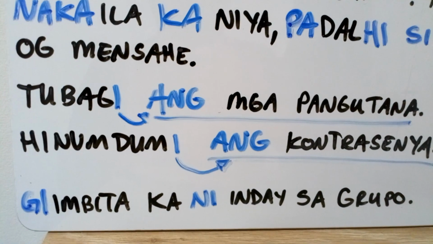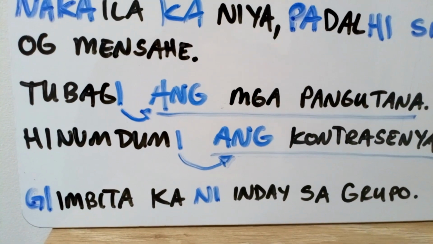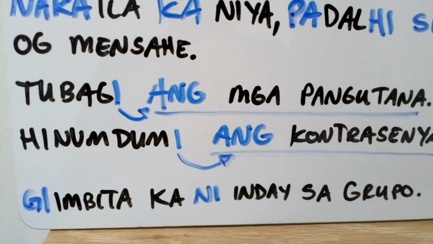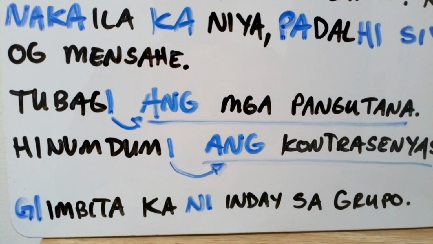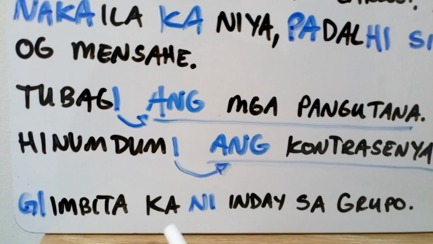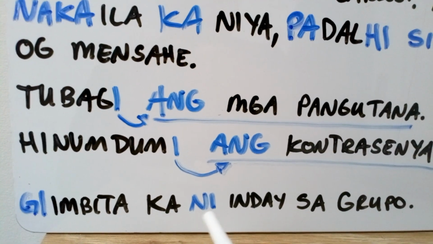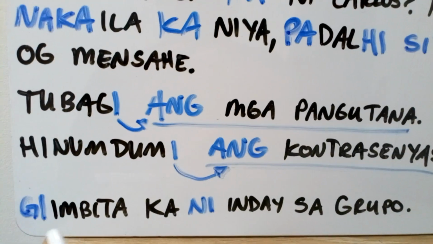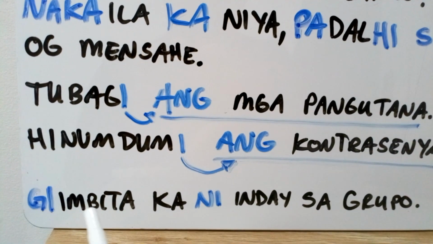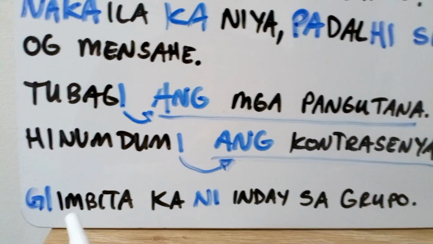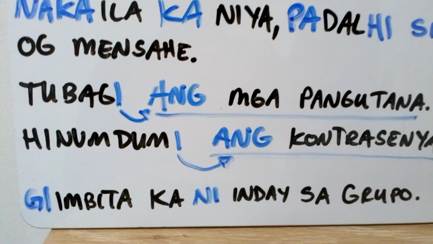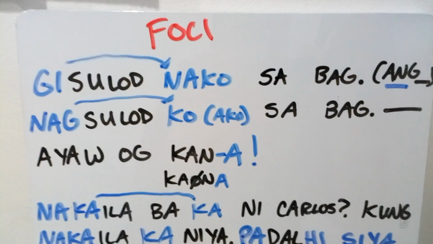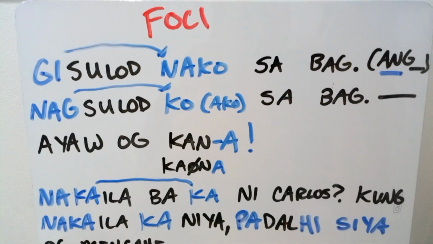We just know it that way, but technically it's you were invited by Inday to the group because you are the focus of the sentence, not Inday. Inday is just the non-focus as reflected with the ni marker. Ni marked Inday in the non-focus, and ni corresponds to this gi. So giimbita was conjugated for Inday. It was not conjugated for you. Okay, so again, this is just a review of foci, right? I might put in some more reviews for this if it helps.